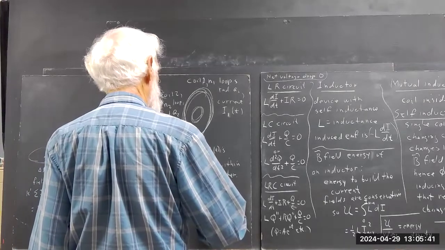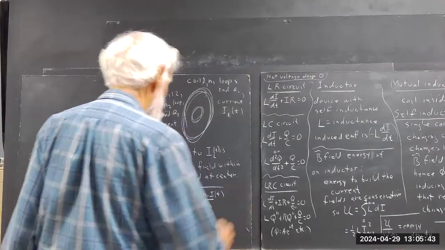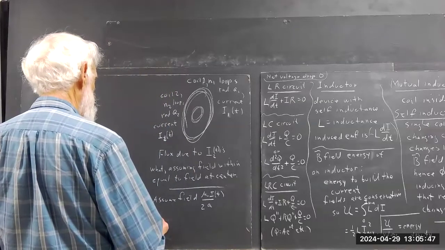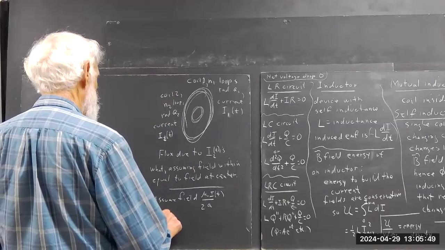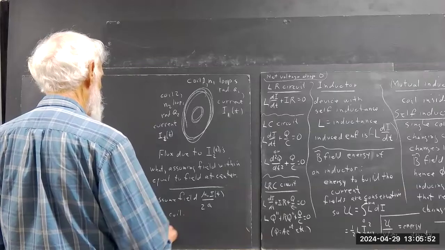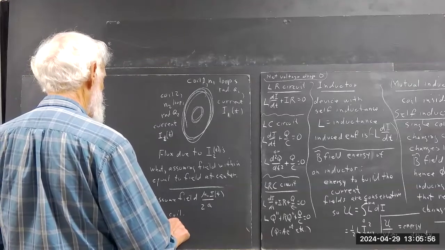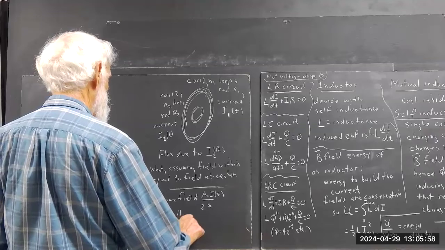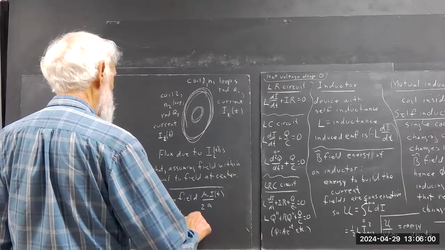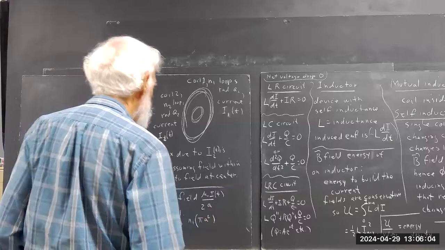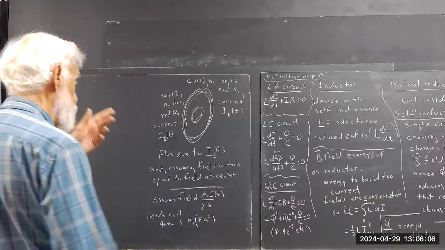Remember, I is a function of t, so we're going to keep reminding ourselves of that. Assume this field inside the coil. The area is your number of loops times pi A2 squared.